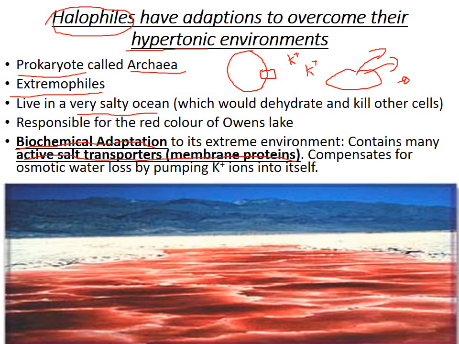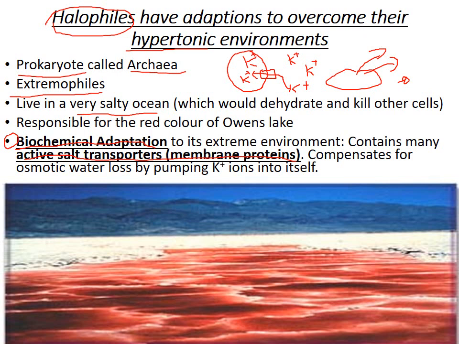Normally, water would want to be sucked out because it's very salty, but this cell has a pump that puts some of the K plus into itself, so it lowers the difference in concentration between the two sides, so that way less water is leaving the cell. And so that's one of the biochemical adaptations that this halophile has for surviving in a hypertonic environment.